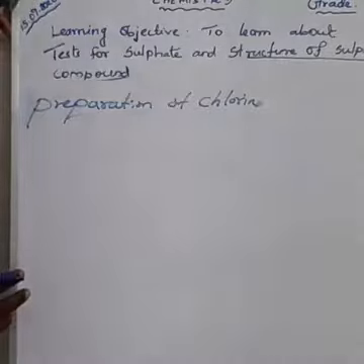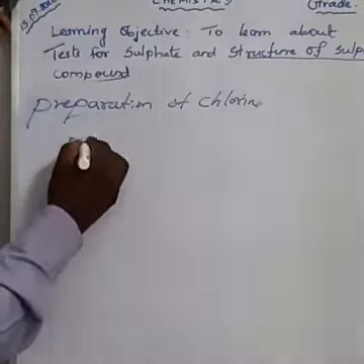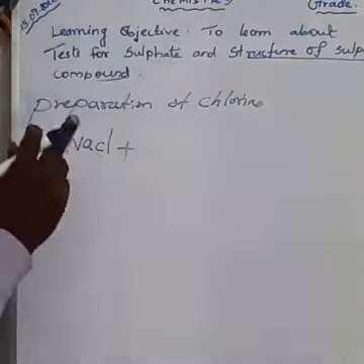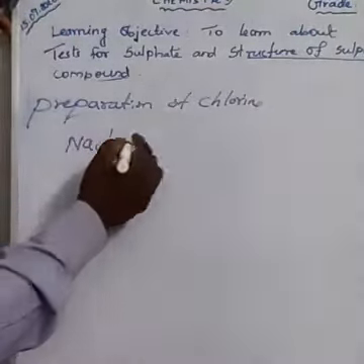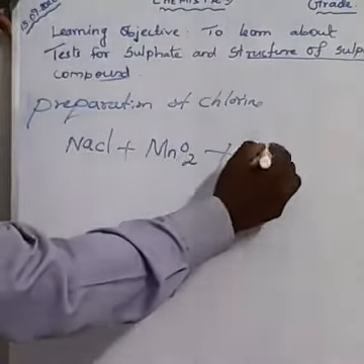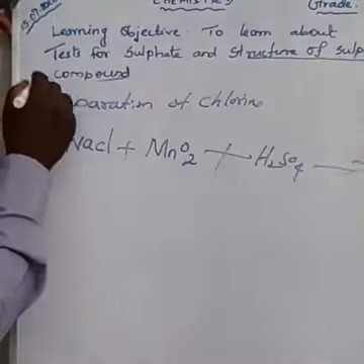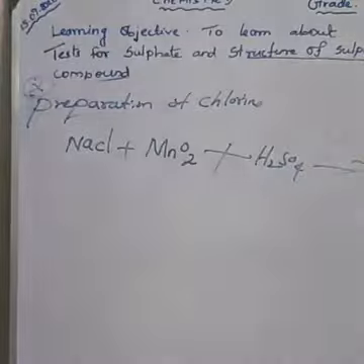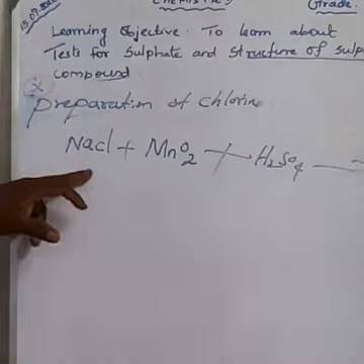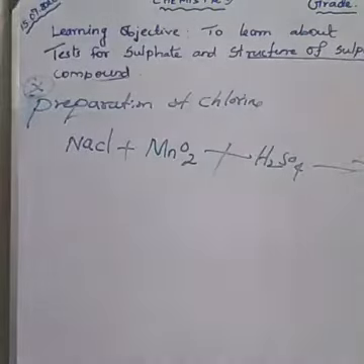By the reaction between sodium chloride, NaCl, and manganese dioxide, MnO2, in the presence of sulfuric acid, H2SO4, we get chlorine.